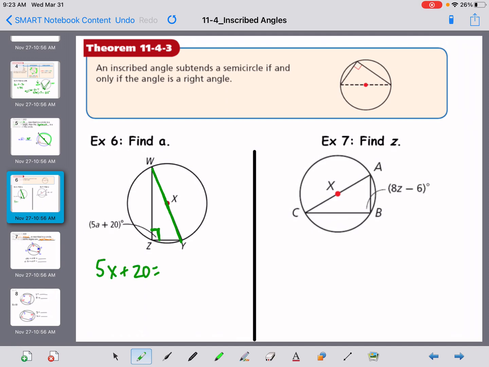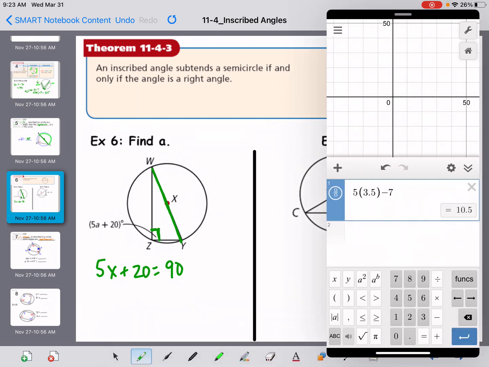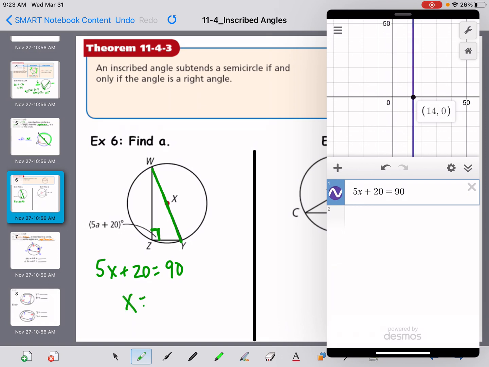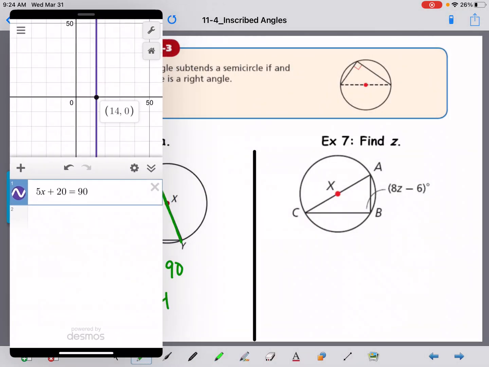Well, that lets me solve for a variable. So in this problem, 5x plus 20 equals 90. X is going to equal 14. Now, obviously, of course, it was an A, but we know we have to type in an X.